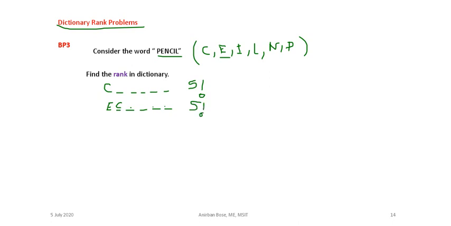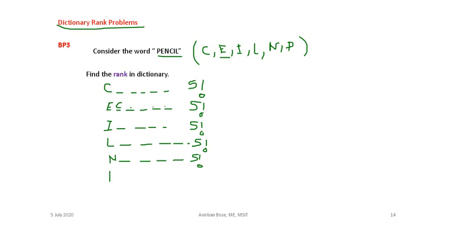Then the turn of the word I, it will start with I, and all these cases will come. Then the case of L will come, and all these words in 5 factorial ways. Okay, and after L, the turn of N will come, and again this is in 5 factorial ways.